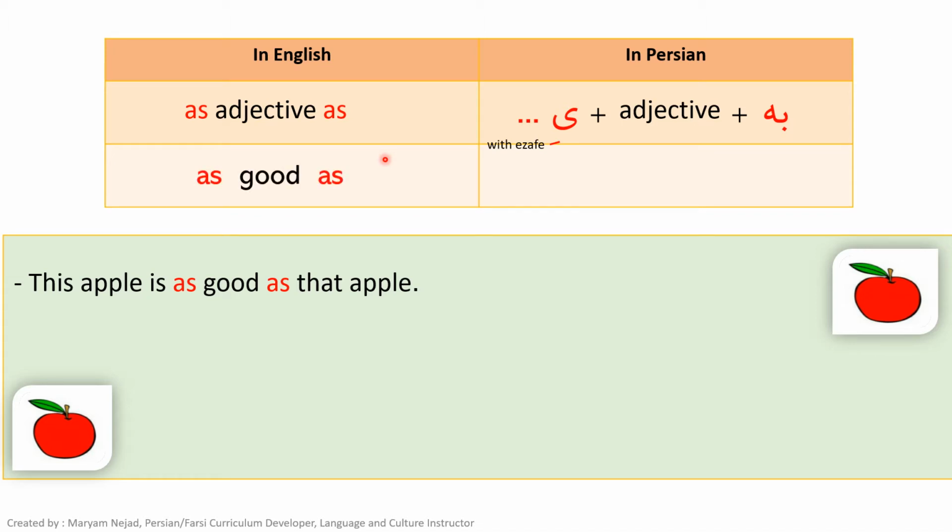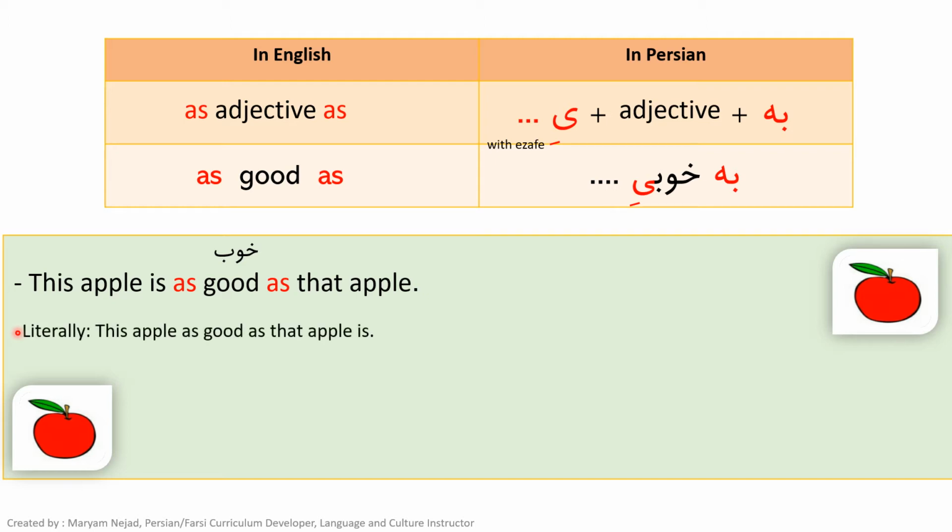So the adjective good in Farsi is khub. So on the Farsi side, we need the preposition be before the adjective, and then we need to attach the letter ye, which here the sound is e, to the adjective, and then we need to connect the adjective to the second term, which is that apple, with ezafe. It's a little bit more literal, only for the purpose of the order of the words.